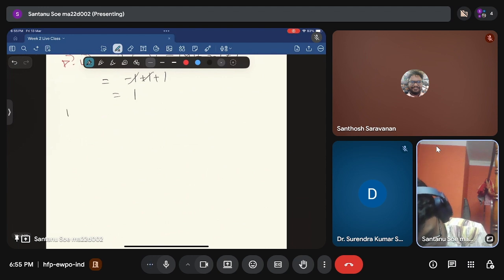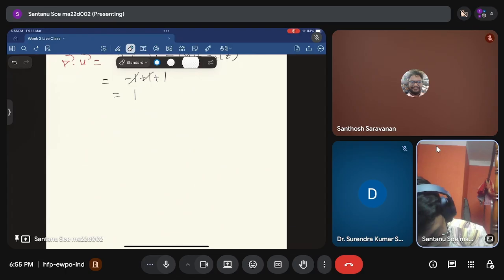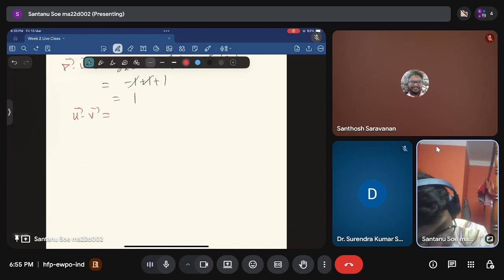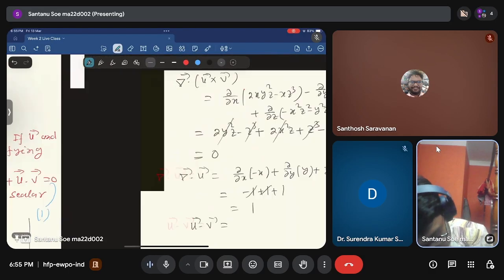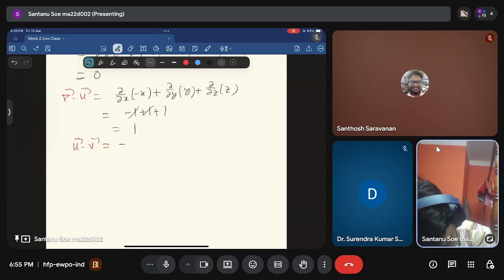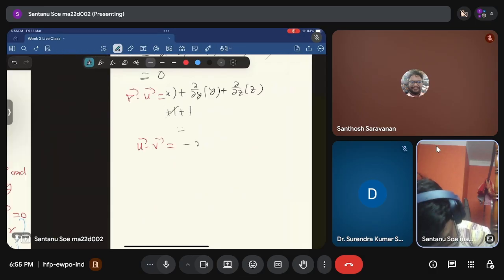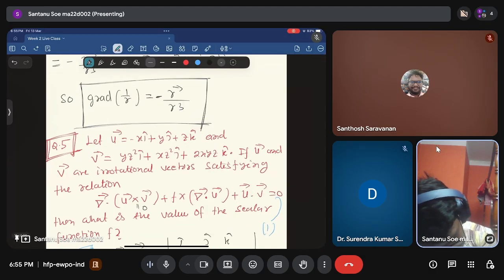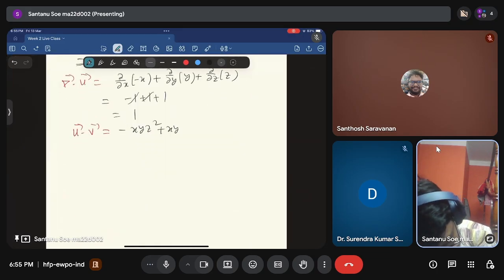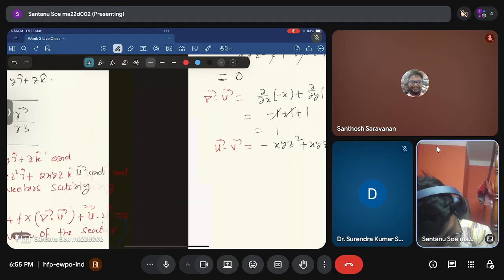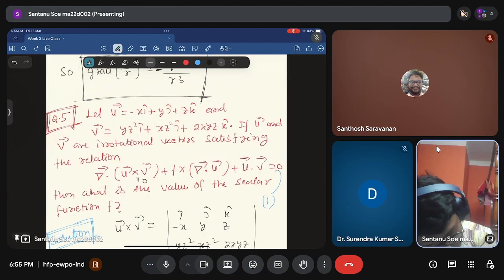And again, u dot v. So the dot product between u and v is just minus xyz square plus xyz square and then again plus 2xyz square.